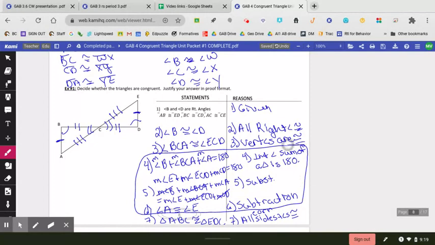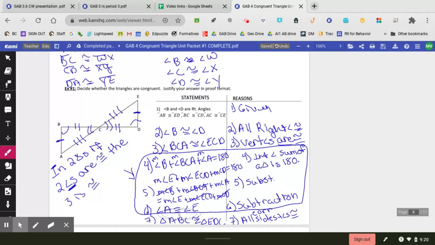That is actually a proof of the theorem. So that theorem is, in two triangles, if two angles, this only applies to angles, are congruent, the third is congruent.